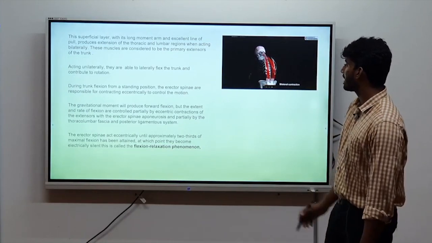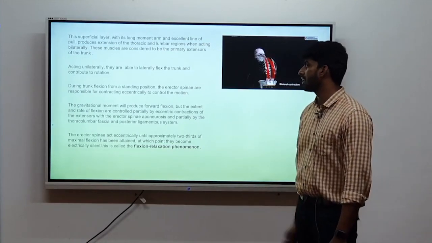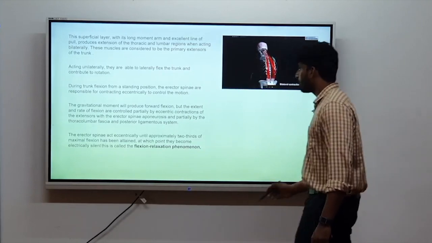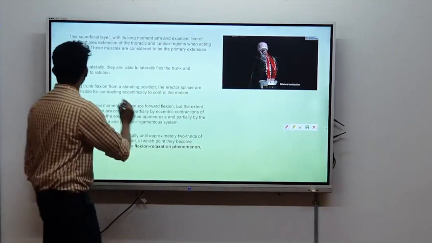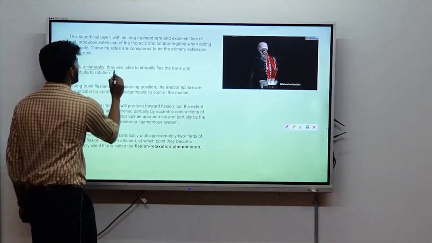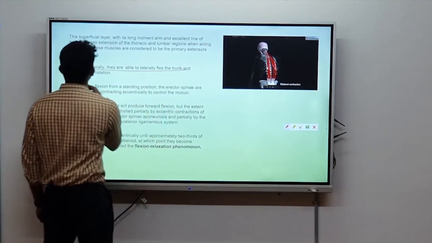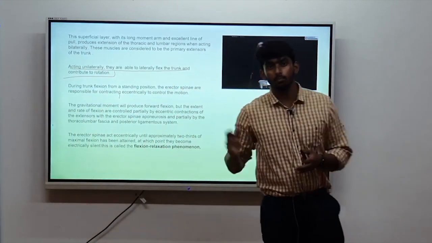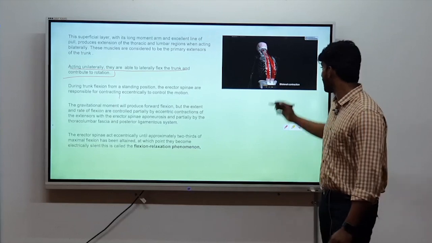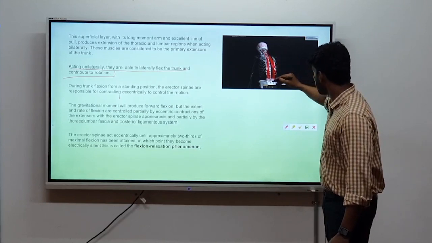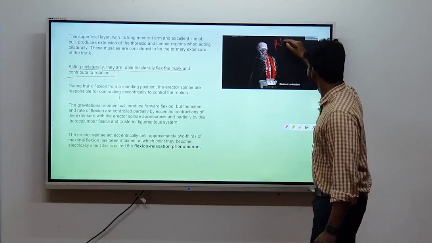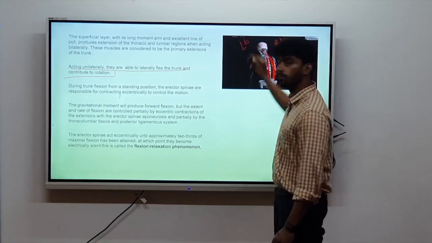Acting unilaterally, they are able to laterally flex the trunk and contribute to rotation. I would like to highlight this point. Just imagine one muscle structure, for example, this is the right and this is the left side of a person.